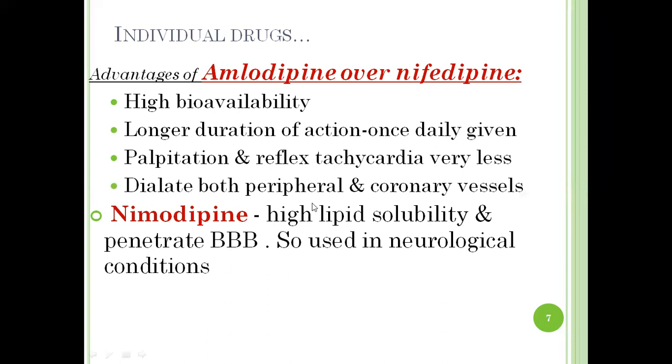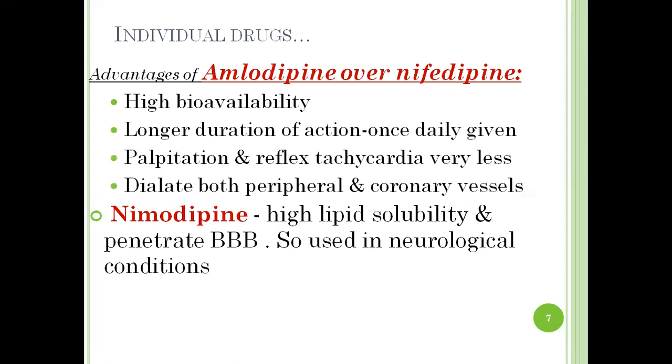It can dilate both peripheral and coronary blood vessels. Dilation of peripheral blood vessels will lead to decrease in peripheral vascular resistance, and dilation of coronary vessels will lead to increased blood supply to myocardium.